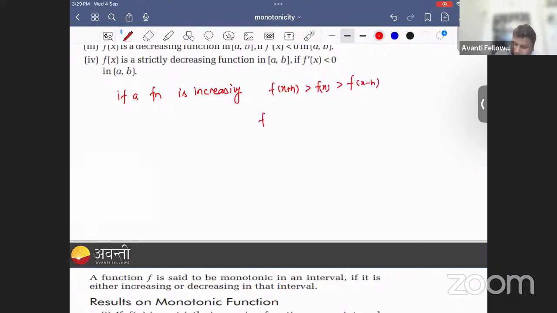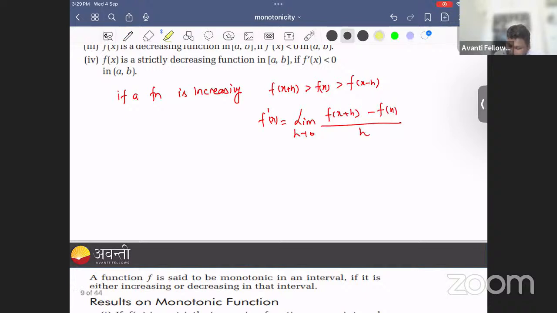Now, what is the definition of f dash x that I have? That is the limit as h approaches 0 of (f(x plus h) minus f(x)) upon h. So see, since f(x plus h) is more than f(x), this numerator is going to be positive. And the denominator h is a very small positive quantity. So f dash x is going to be greater than or equal to 0.